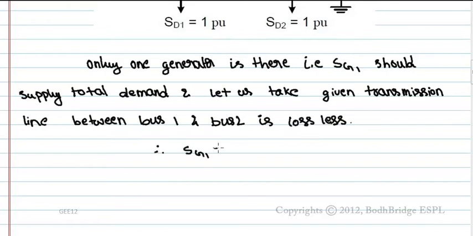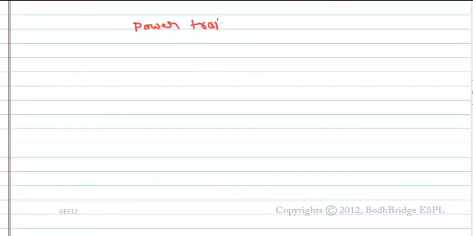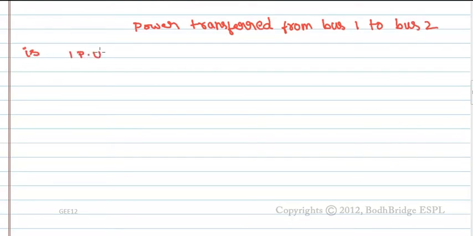Therefore SG1 equals SD1 plus SD2. This equals 2 per unit. Power transferred from bus 1 to bus 2 is 1 per unit, since SD2 equals 1 per unit.